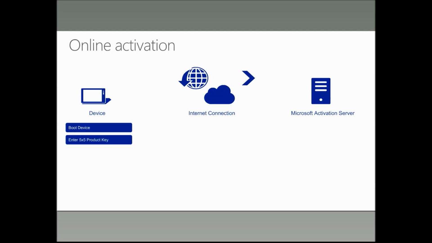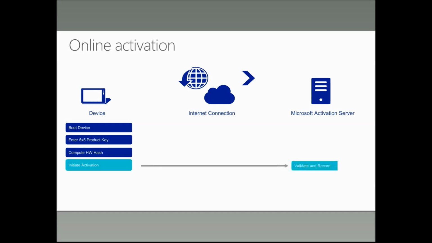What's interesting is that you can do it in many ways. The first one is directly through an internet connection to the device. That's how many people do it in the consumer space, for example. And this is completely transparent to the user or to yourself as an embedded OEM. Of course, as an embedded OEM, you can do it on behalf of your user.